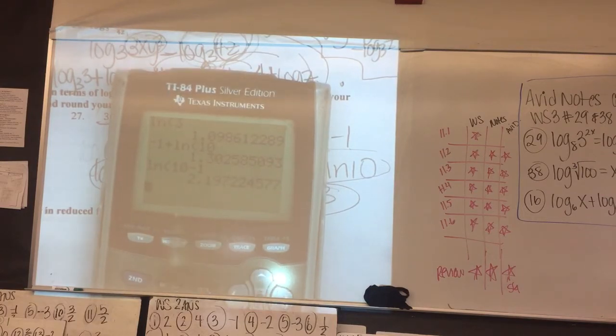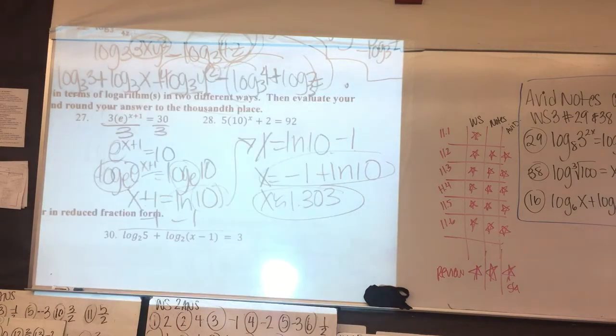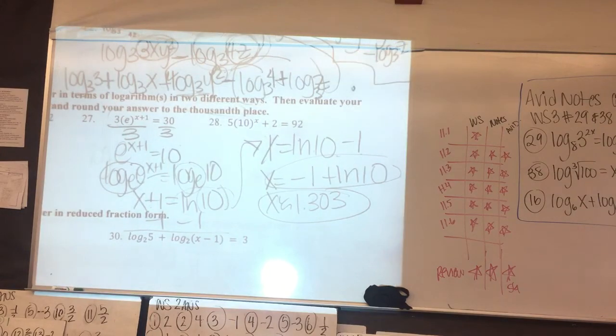You get a totally different number. It's because I am implying that I'm putting the negative 1 in parentheses. If I want to put the negative 1 in the back, it should be ln 10, close the parentheses, then subtract 1. And now I get the same answer.